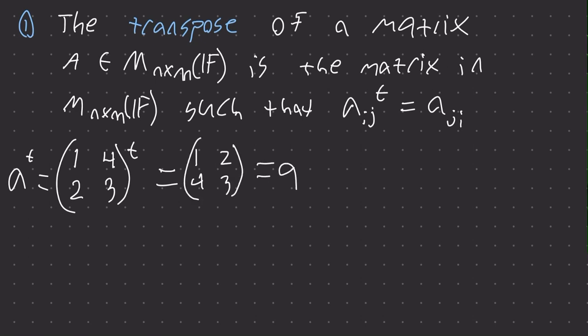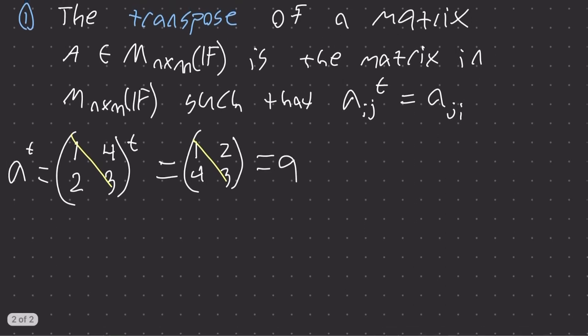Essentially what is happening is on this diagonal here, we are crossing it over. But it gets a little more complicated when we have different shaped matrices. This is a square matrix, so everything on the diagonal will stay the same. But let's say, for example, we have 1, -2, 3, 0, 5, -1.